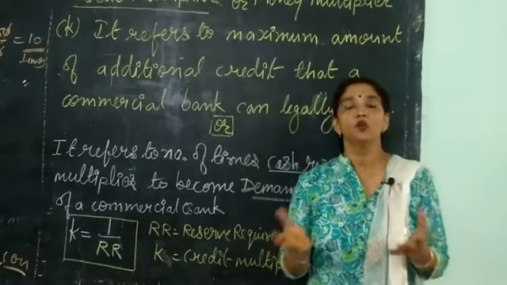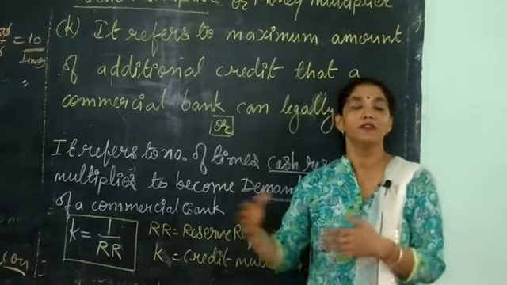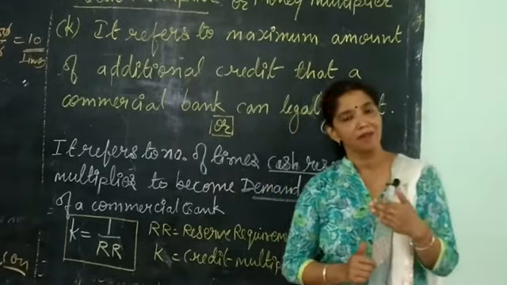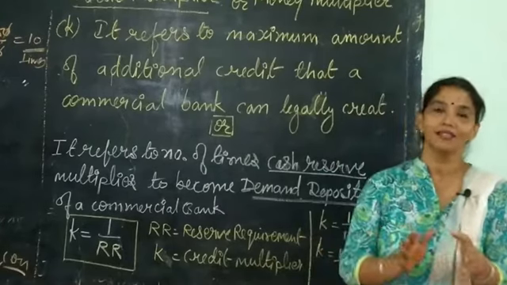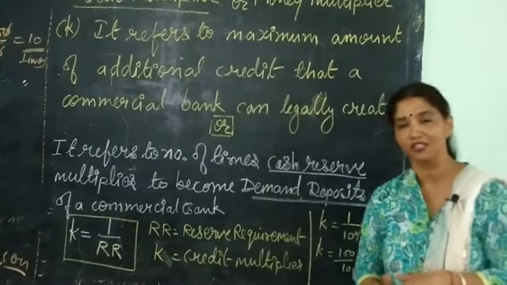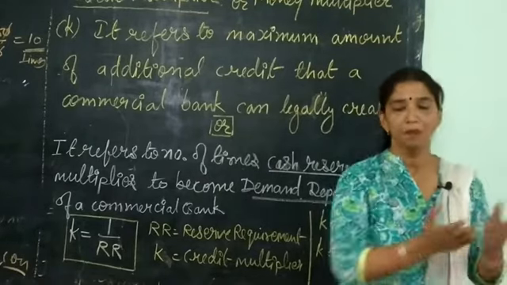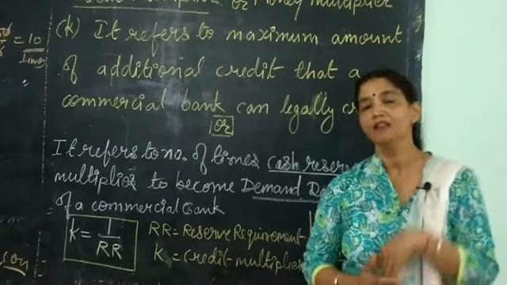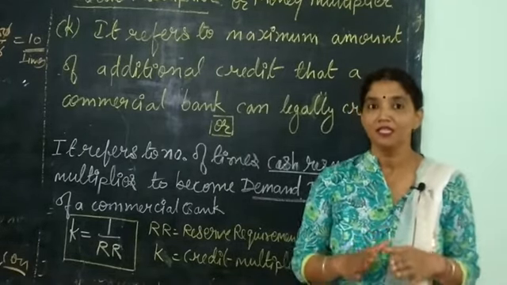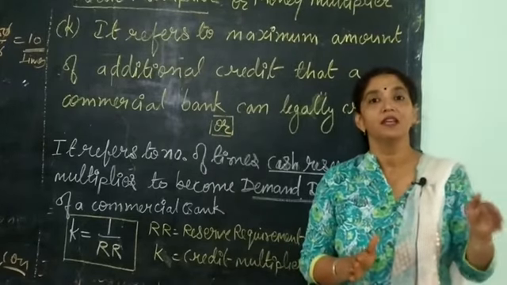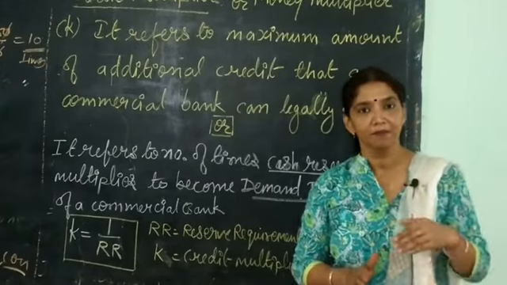But why do commercial banks need to keep reserve requirements? It is because if commercial banks do not have any cash reserves, and any customer or other banks want to withdraw their money, then what will happen? The commercial bank will fail to perform its function.